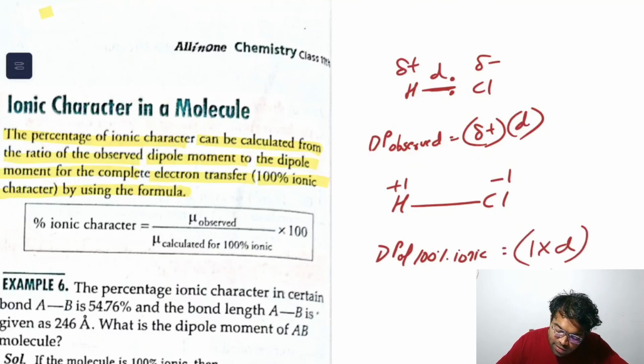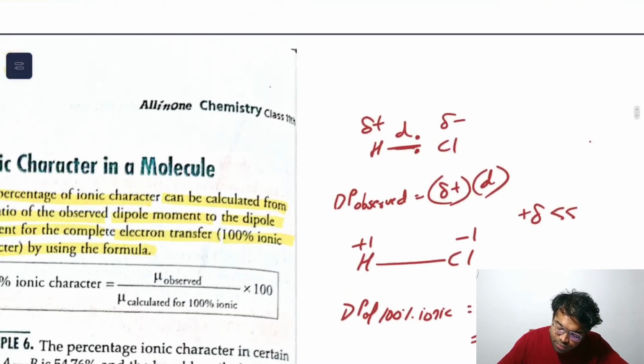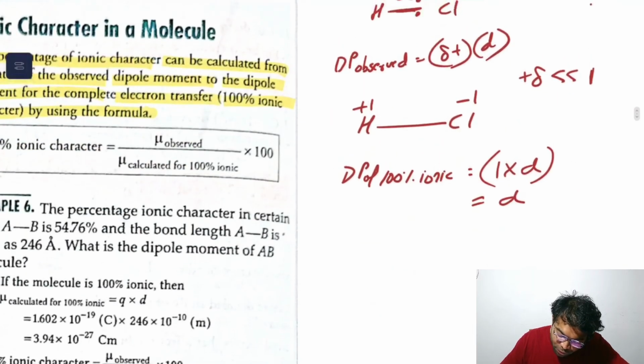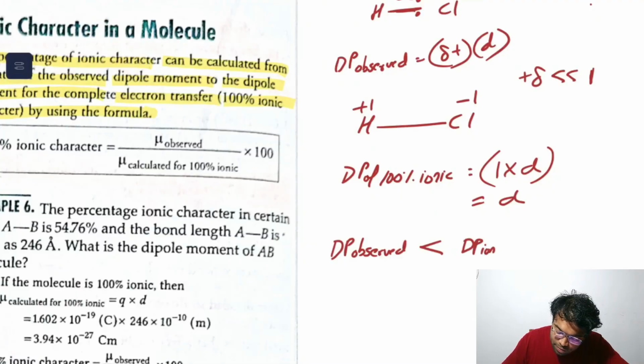Now we know that this delta value is much less than 1, right? Therefore, the dipole observed will be less as compared to dipole ionic.